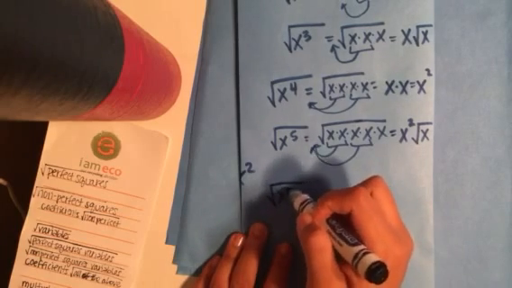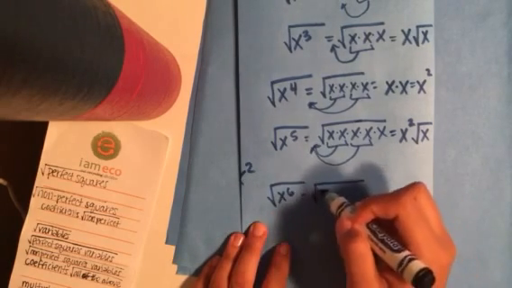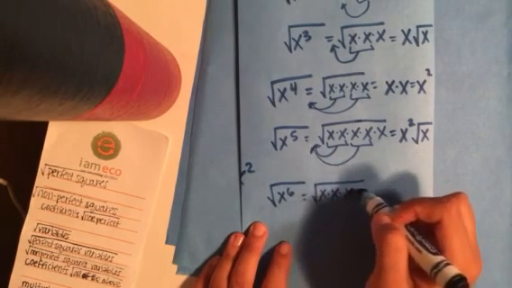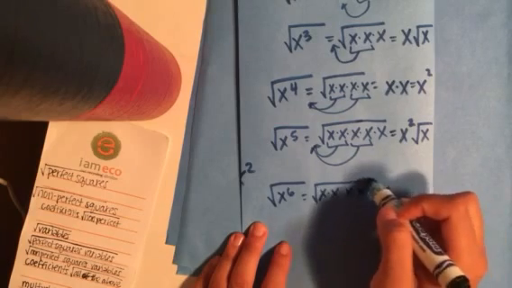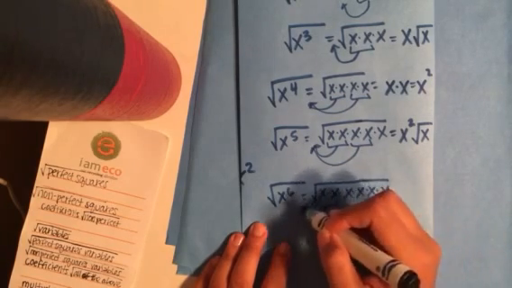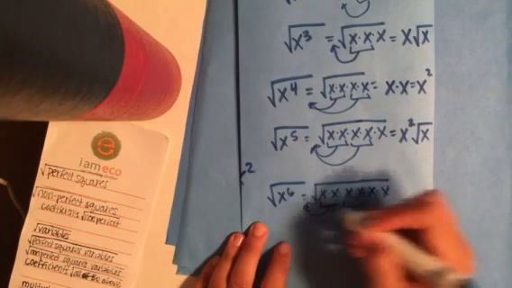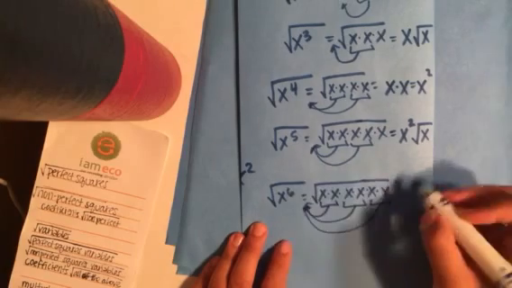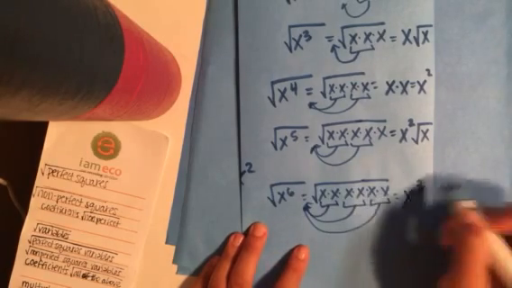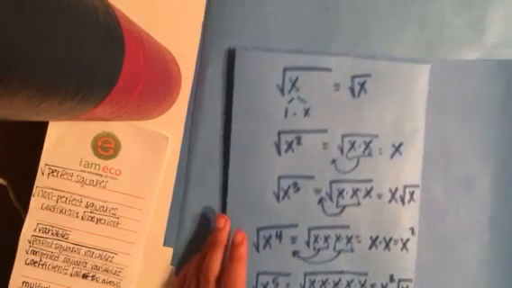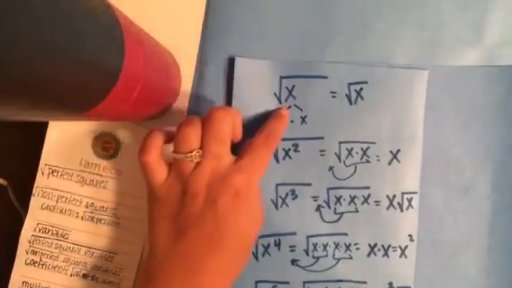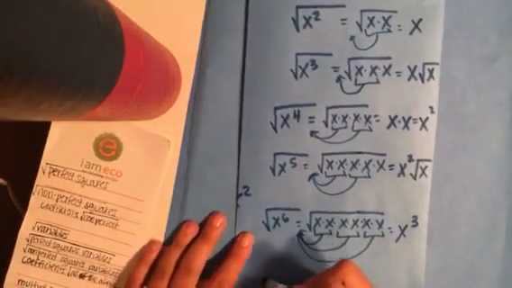Let's see, x to the 6th power is x times x times x times x times x times x. And we can pull out 3 pairs here. Hopefully we're starting to see a pattern with how we pull out pairs of variables and then what we're left with afterwards.